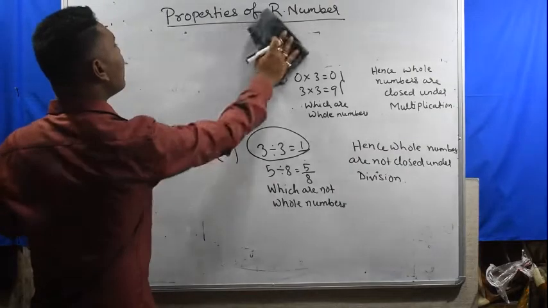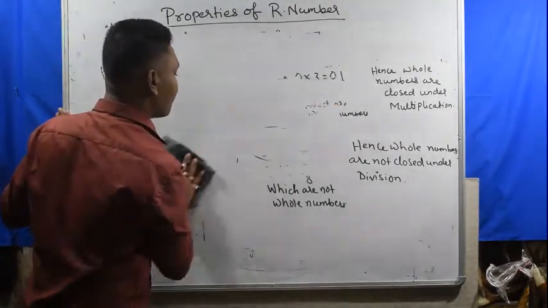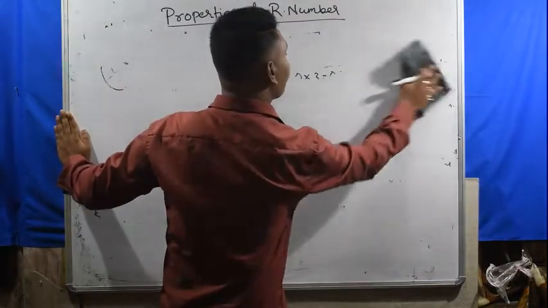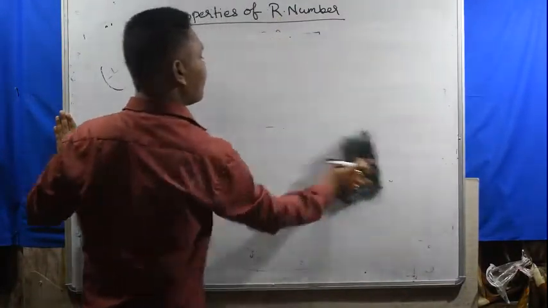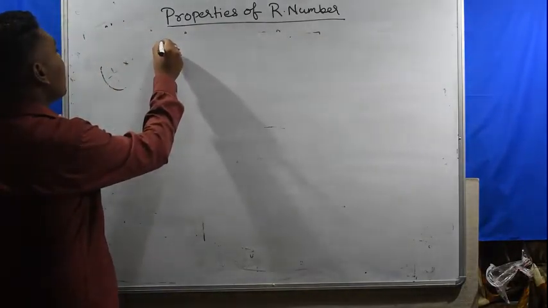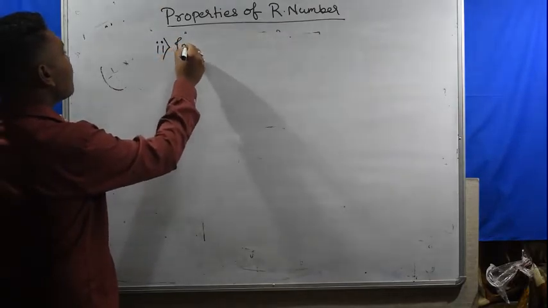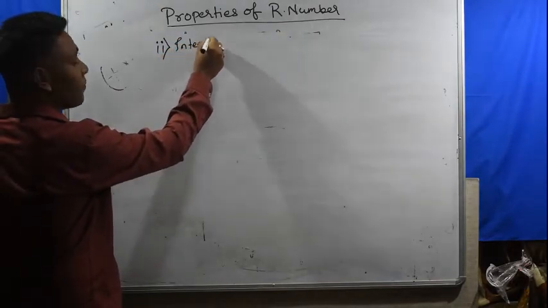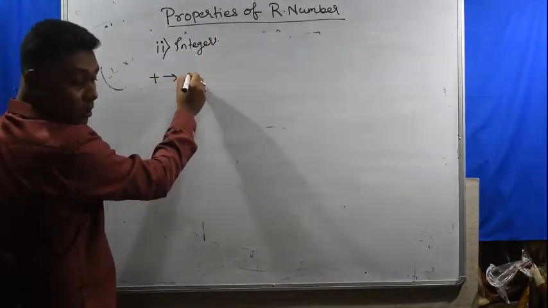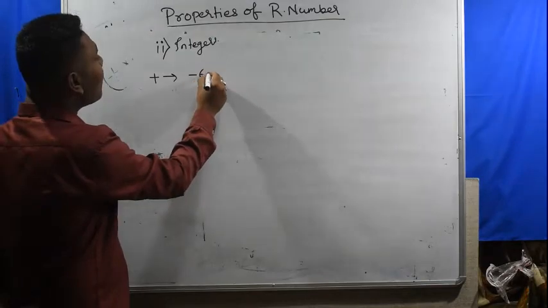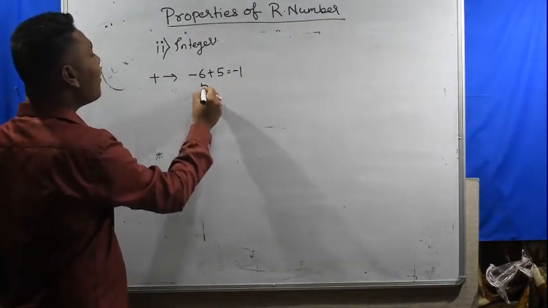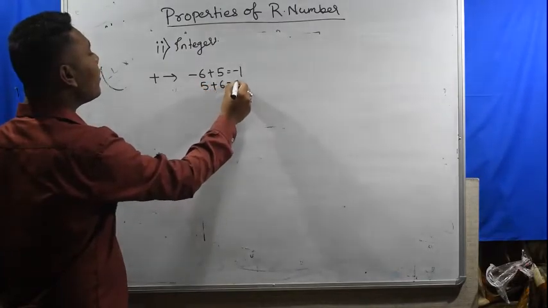Closure property of integers. First is addition. Minus 6 plus 5 will give you minus 1. 5 plus 6 is equal to 11.